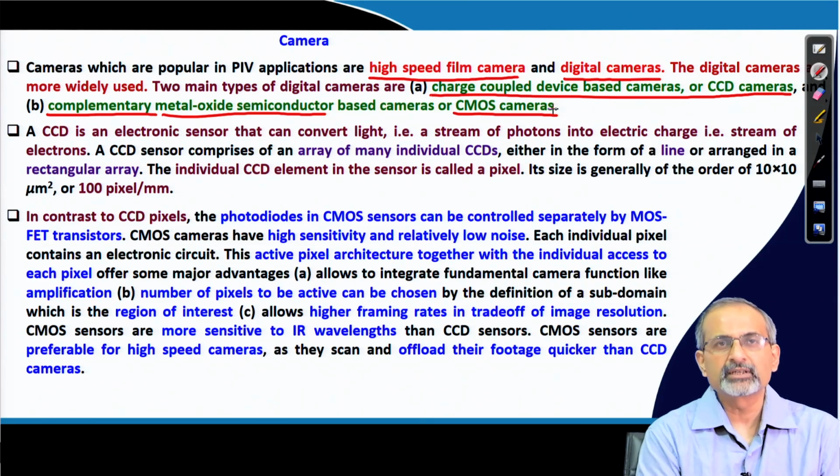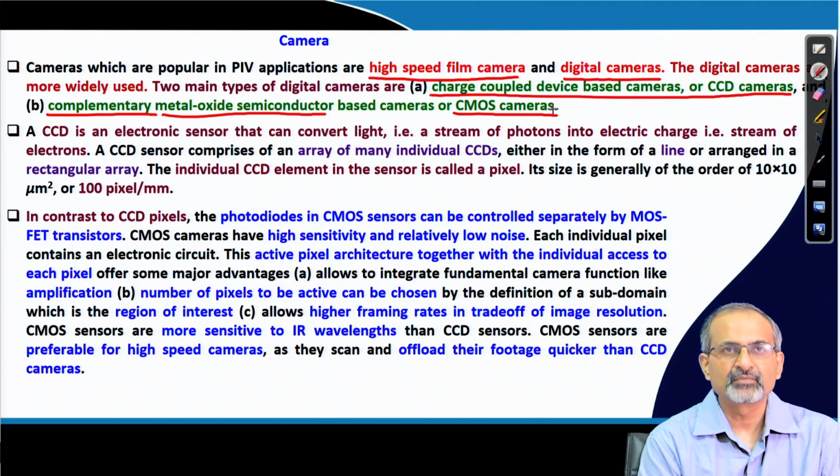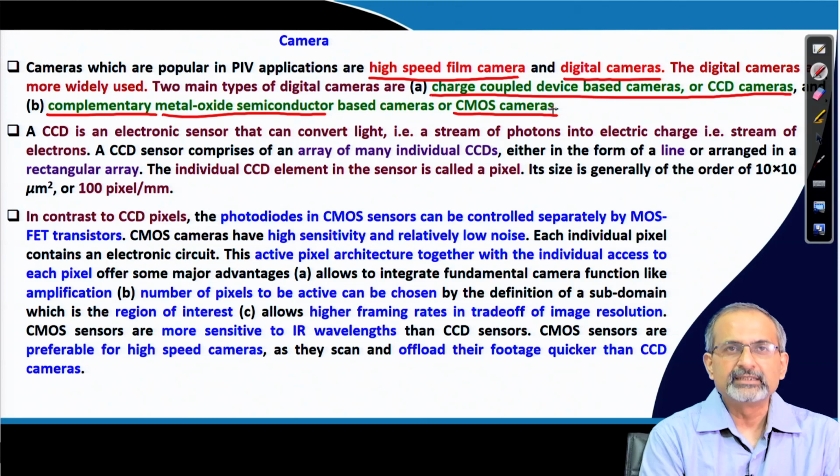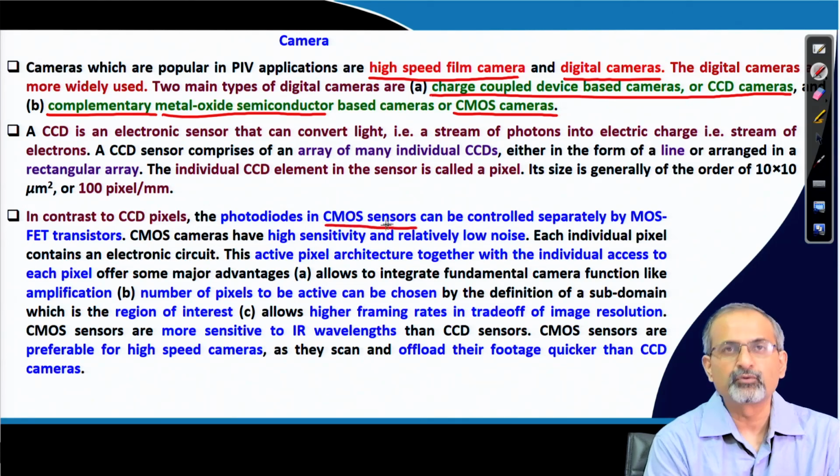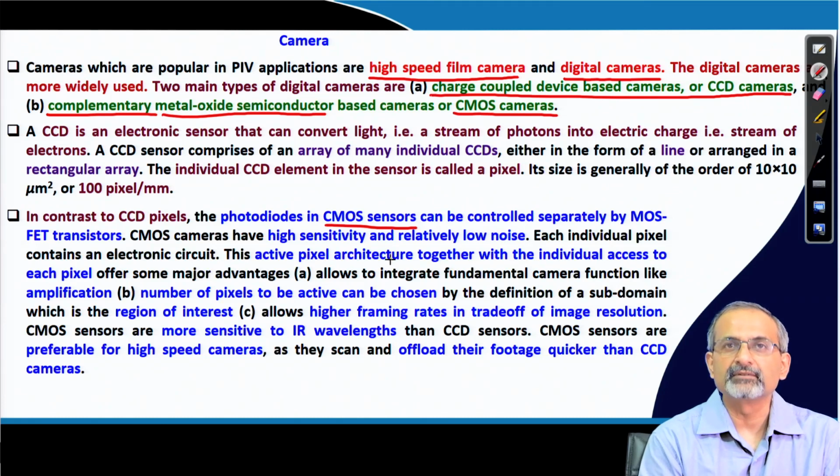You can accommodate typically 100 pixels within a millimeter length. In contrast to the CCD pixels, in CMOS sensors you have photodiodes which can be controlled separately by certain transistors, and you can achieve better sensitivity and relatively low noise.